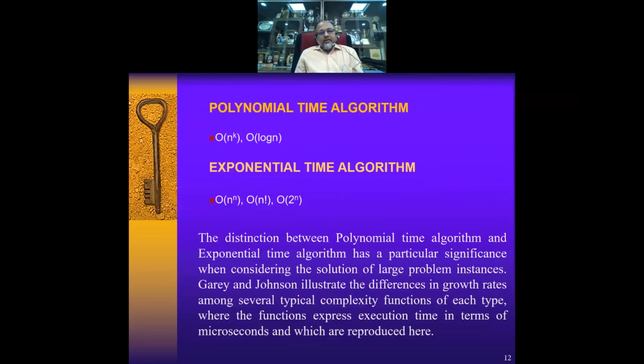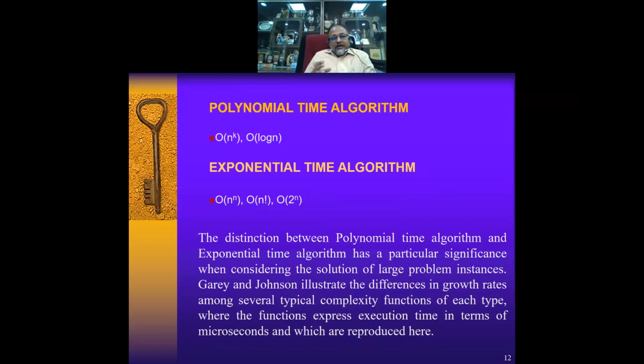Now we can consider what you mean by polynomial time algorithm and exponential time algorithm. Suppose, as I already told, you have developed an algorithm and you have proved that it will complete in a finite number of steps, and that the algorithm works well, and you are finding the time or computational complexity. If your computational complexity is order of n power k or order of n, well and good.